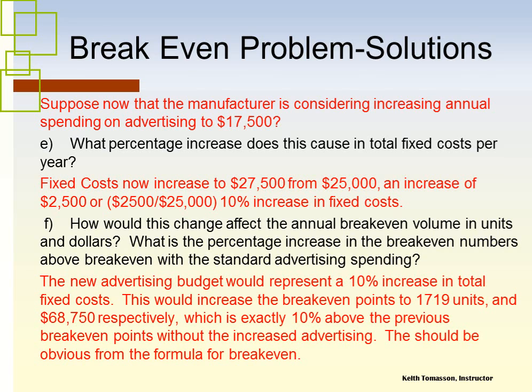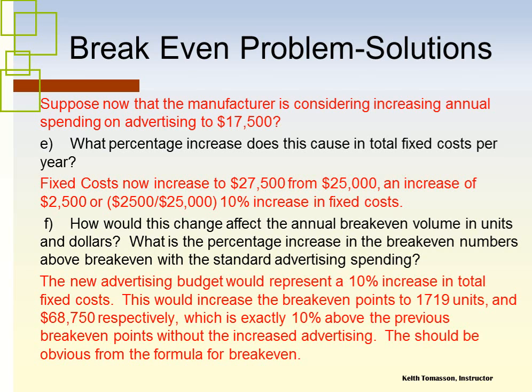As we determined, our new advertising budget represents a 10% increase in total fixed costs. This also increases the break-even point in our business to 1,719 units from 1,562.5 units, which is an increase of 10% in terms of the number of units.